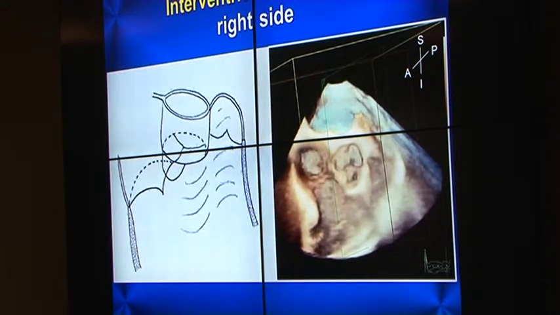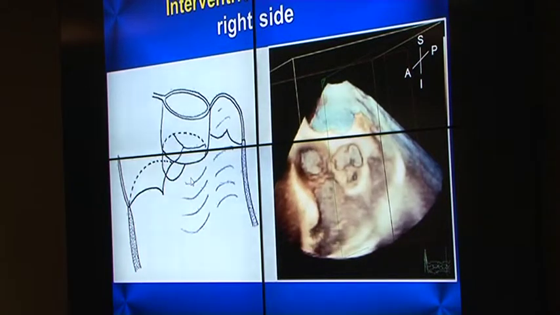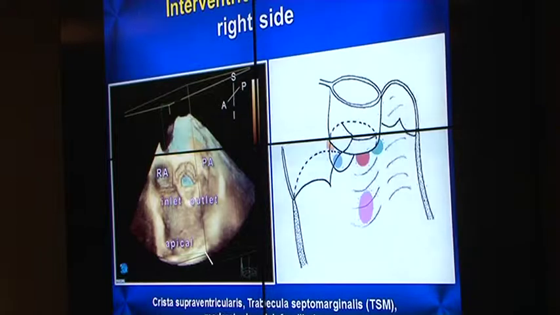So let's look at the interventricular septum, and we always do that first from the right side. So we crop the front of the heart and look at the IVS from the frontal plane. And we can see that the right ventricle can be divided into an inlet, an apical, and an outlet portion.